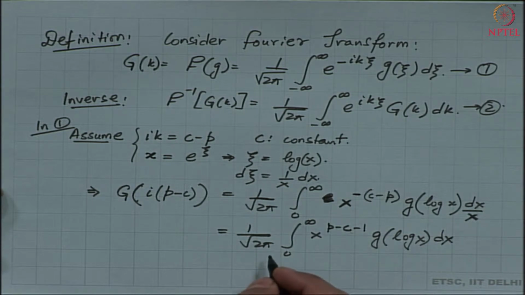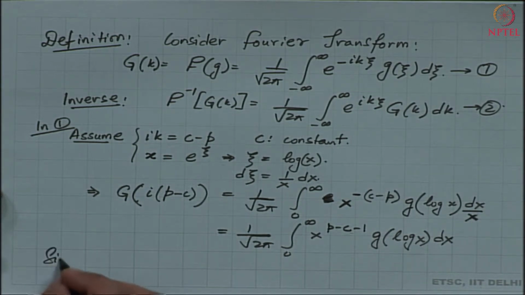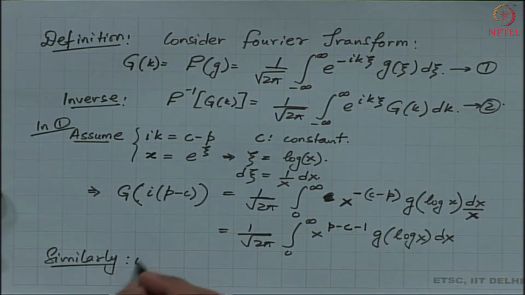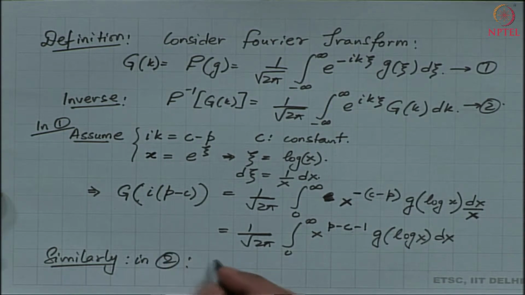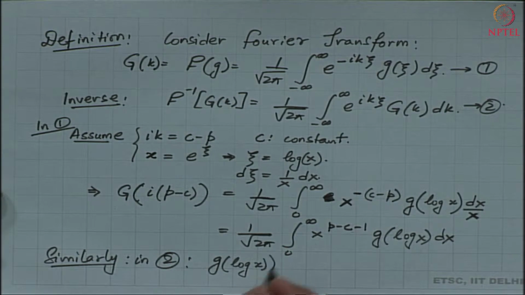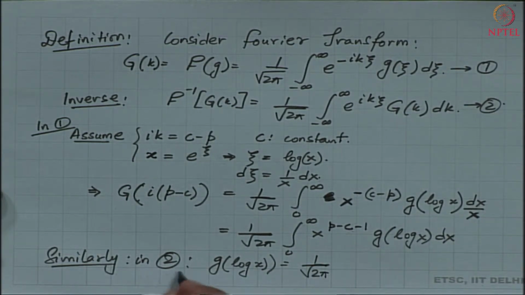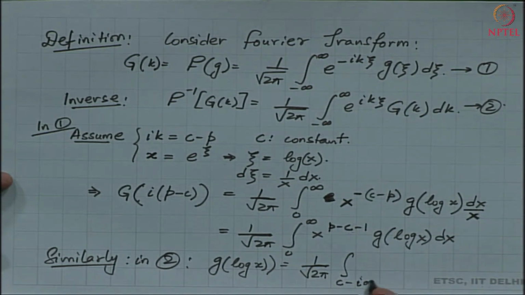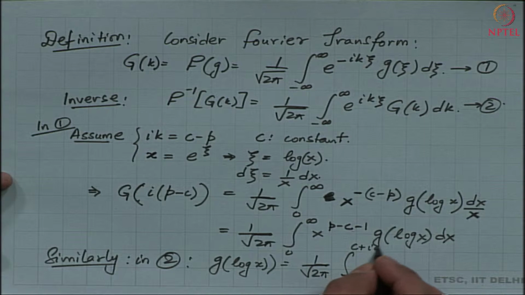Okay. So, then similarly, if I use a similar substitution in 2, using my inverse transform, the expression given in 2, I get that g of log x is 1 by square root 2 pi, integral from c minus i infinity to c plus i infinity.